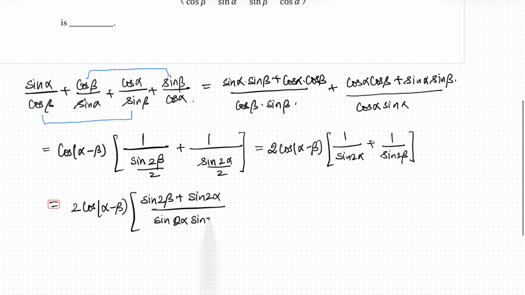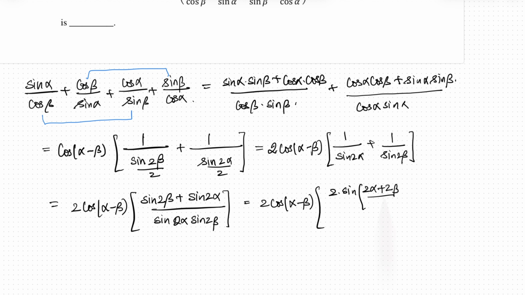For the numerator I can use the sin C plus sin D formula, which is 2 sin of (C plus D) by 2 times cos of (C minus D) by 2.